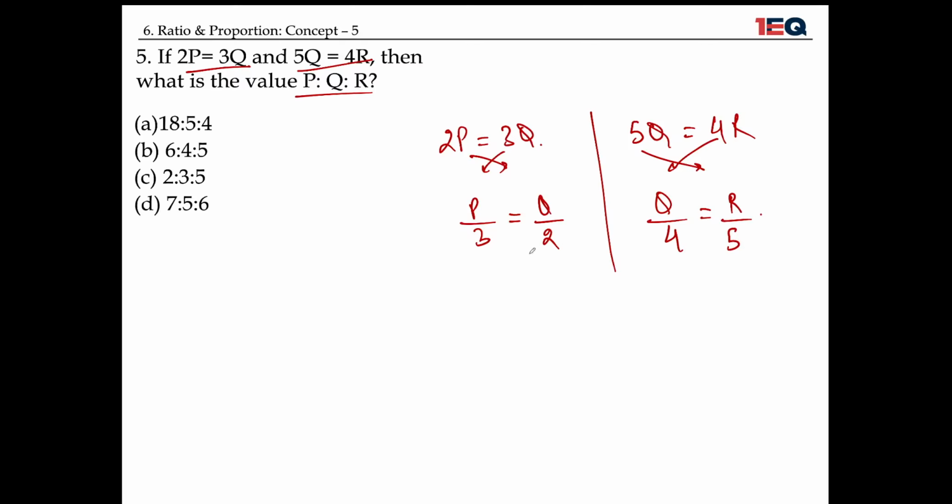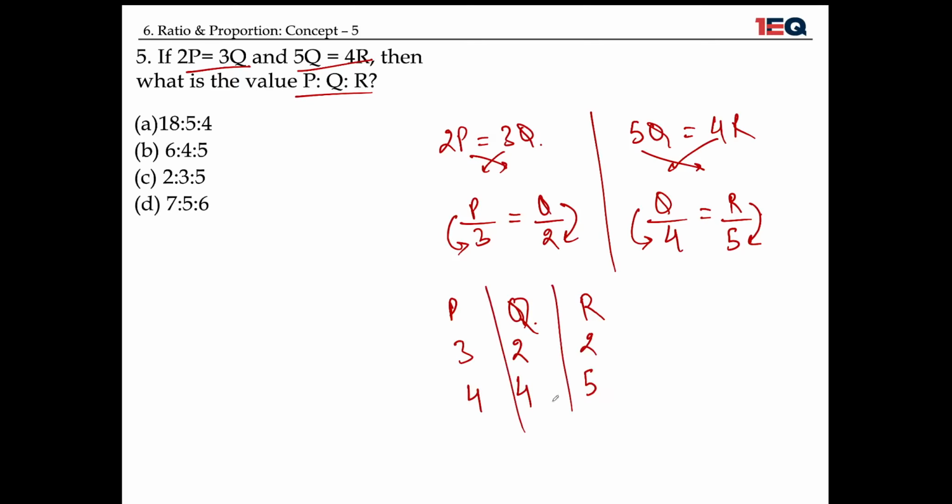So now I can easily see that I have the absolute value of P as 3, Q as 2, here Q as 4 and here R as 5. So what I'll do is I'll write them down in this fashion, which I've already been doing, and I'll straight away write it down like this. 4 shifts to left, 2 shifts to right, and this is my answer. 3 fours are 12, 4 twos are 8, and 5 twos are 10.